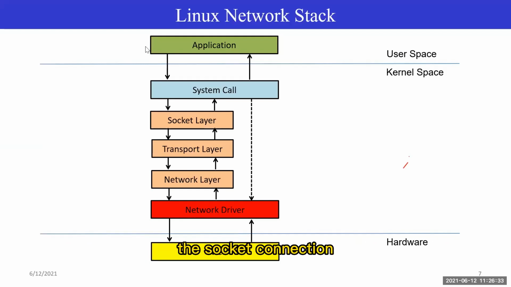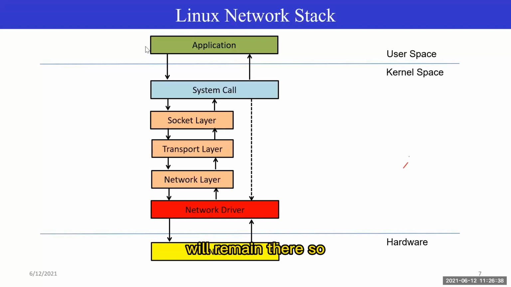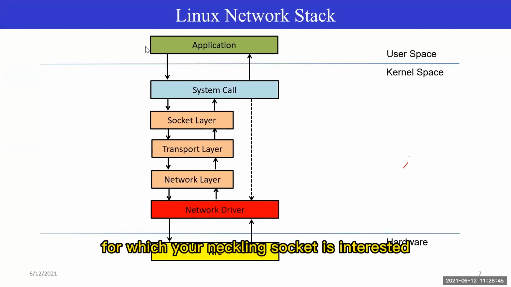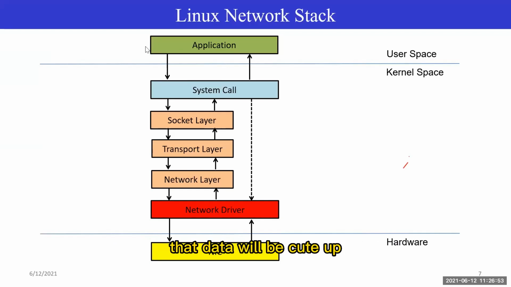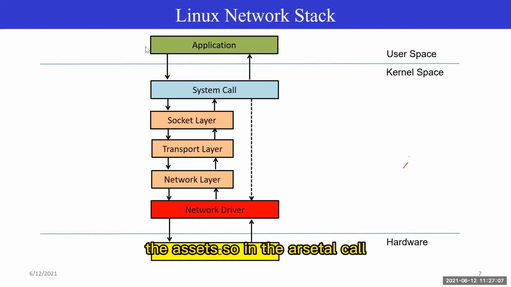So if any data comes in which your Netlink socket is interested in, like the TCP socket or the UDP socket, that data will be queued up in the socket queue. Whenever the application is ready to get the data, it will get the data from the socket queue and process it accordingly. So that is again one advantage over the IOCTL.